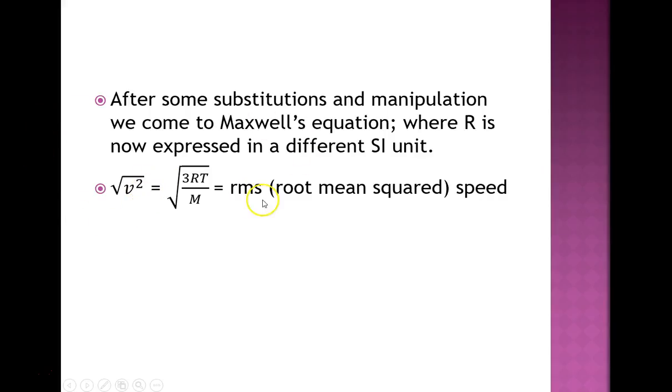And we have what's called the root mean squared speed of particles within a gas. So the RMS speed of particles within a gas is equal to the square root of 3RT over M, where R is a proportionality constant, and that proportionality constant is 8.314 joules over Kelvin mole. Write that down on your constant sheet if it's not there.